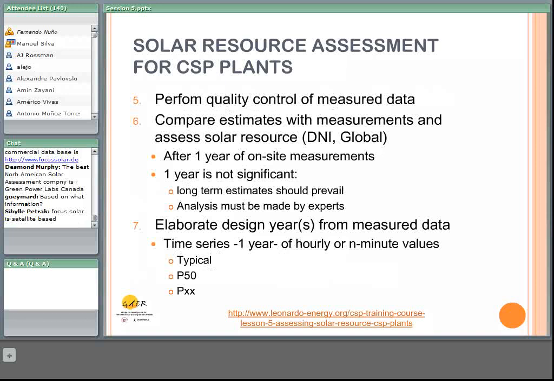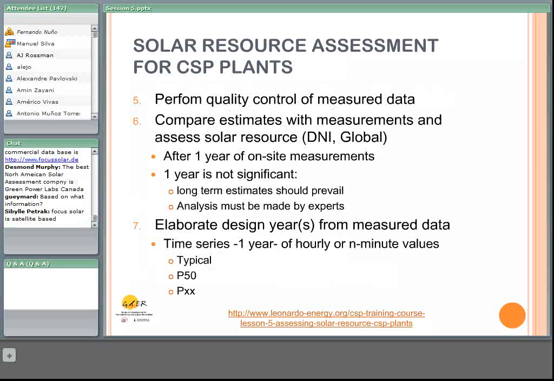It's the time to compare the estimates with these measurements and to make a good assessment of the solar resource, normally of the direct and global insolation. You have to take into account that 1 year is not significant from the statistical point of view.